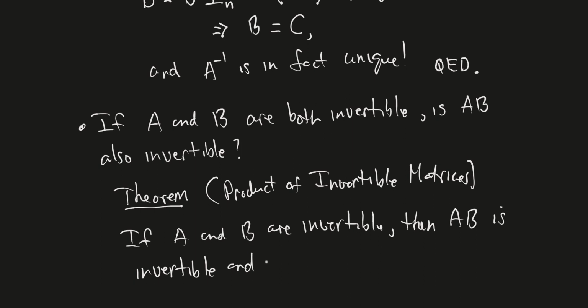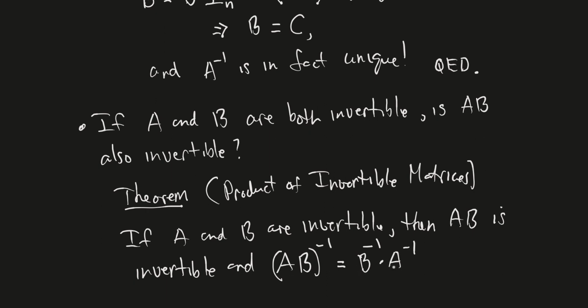And here's the formula that tells us how to find the inverse. If I have the product and I'm trying to invert it, this is where it's a little bit different: I have to reverse the order of multiplication, and then take the inverse of the individual factors. So the inverse of matrix AB is equal to B inverse times A inverse.